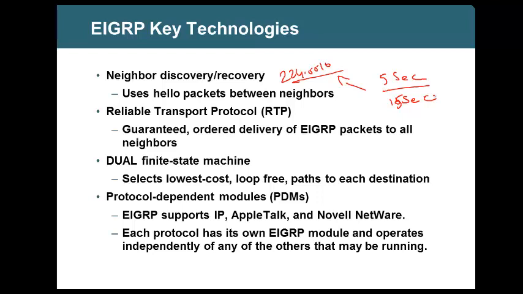You may have many paths to reach a destination, but not all paths are good. So the DUAL algorithm will pick the good paths. Among those good paths, it will pick one best path, and the best path it will put into the routing table. What about the other good paths? It will put them into the topology table.